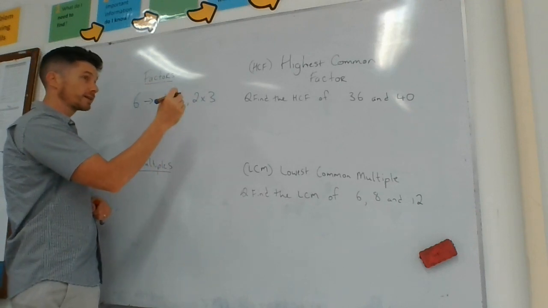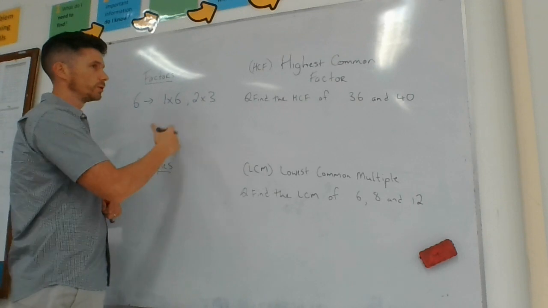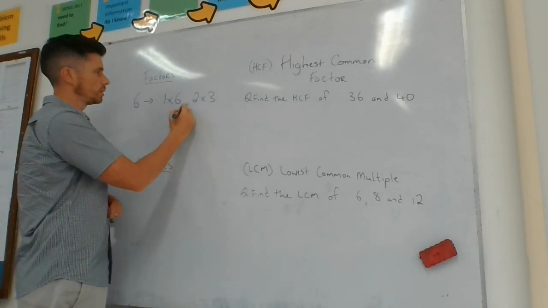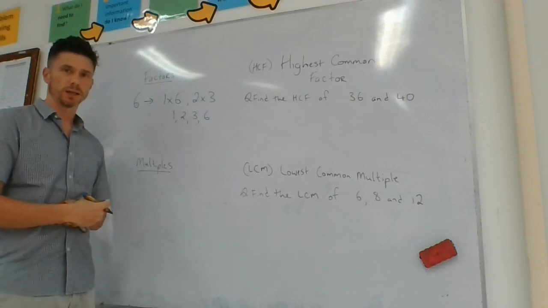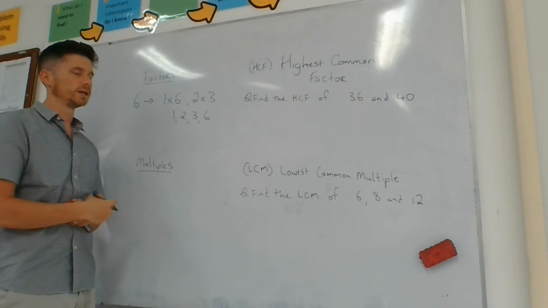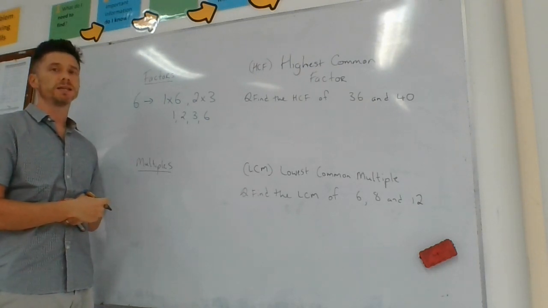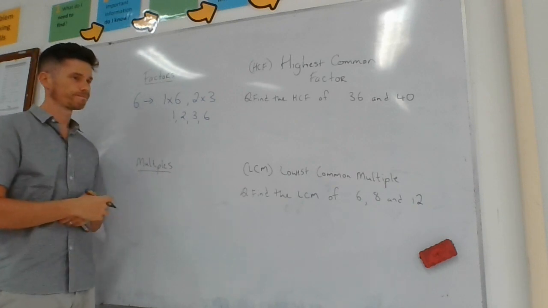So that means the factors of 6, I would list them in numerical order from lowest to biggest: 1, 2, 3, and 6. And that is my factors. So factors, each one of these divides in evenly into the number we get.